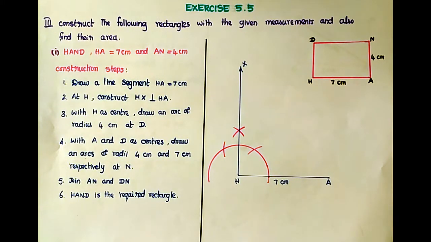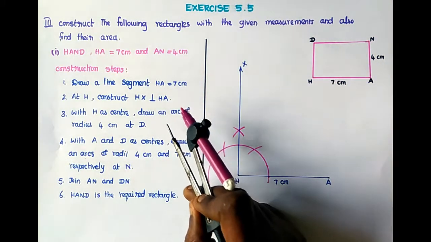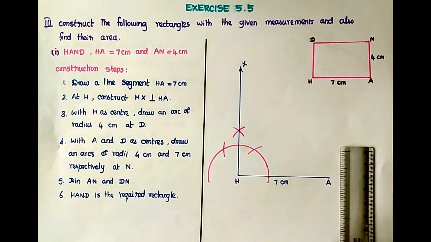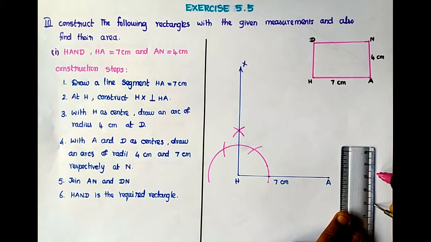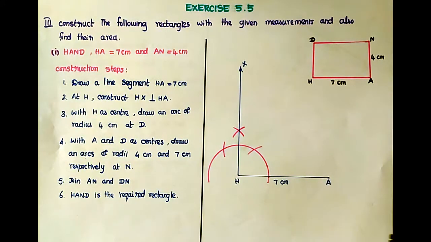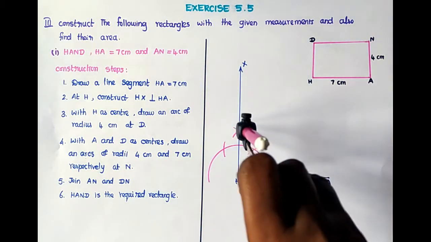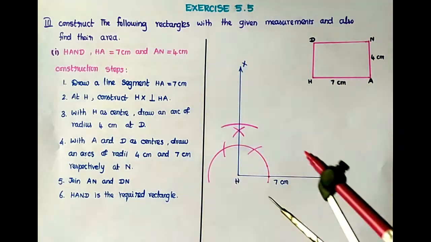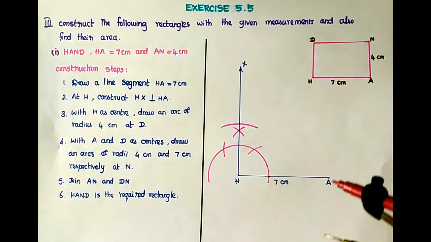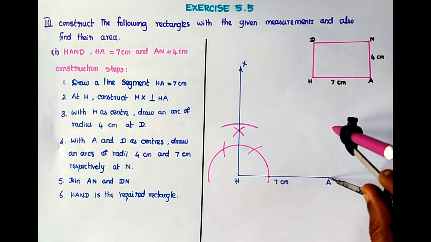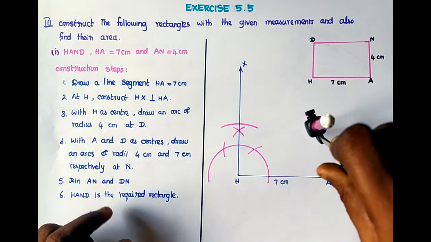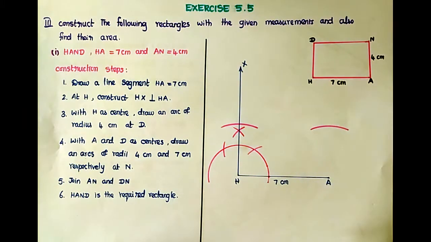Now with H as center, draw an arc of radius 4 centimeter at D. So take the measurement 4 centimeter and take H as center and draw the arc, and with A also the same measurement and draw the arc.